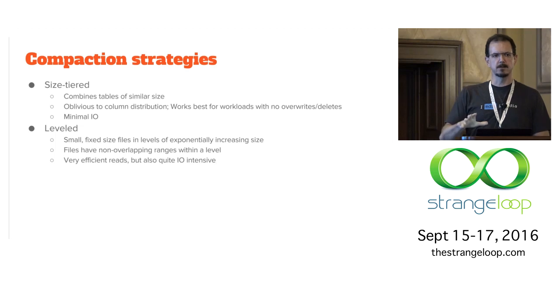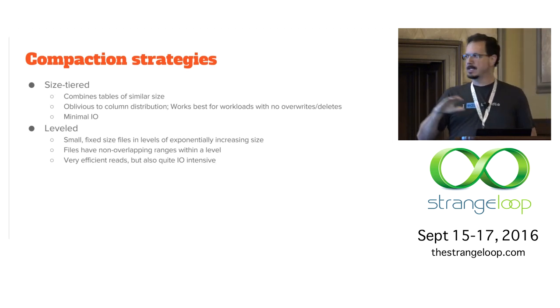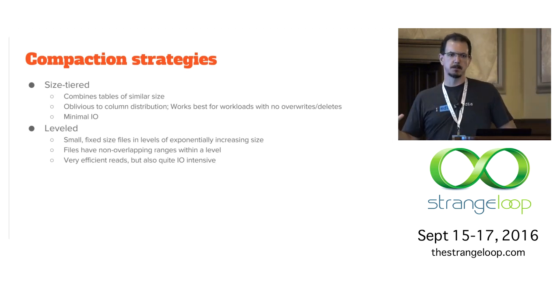You take files of fixed size, fairly small sized files of fixed size, and you arrange them in levels of non-overlapping ranges. And then each level has a sort of maximum number of files that are allowed for that level. And with each successive level, that number is exponentially larger. When a level has too many files, you merge some of that data into the next highest level.